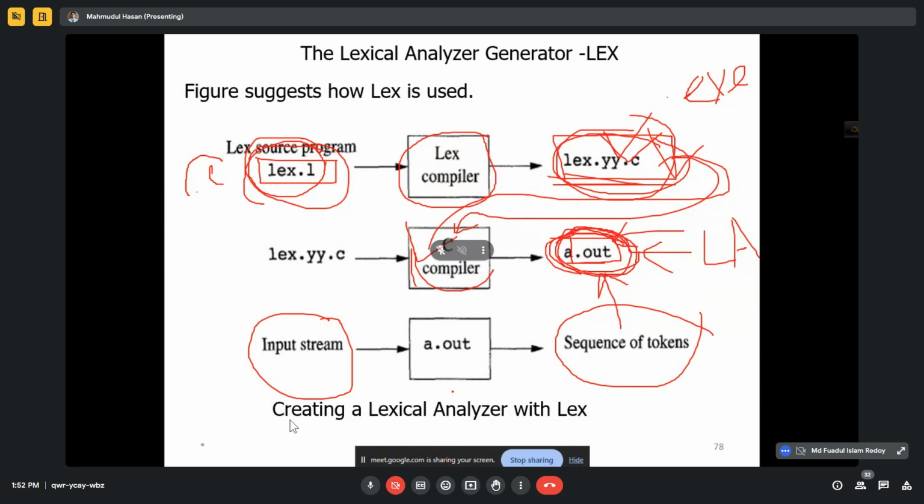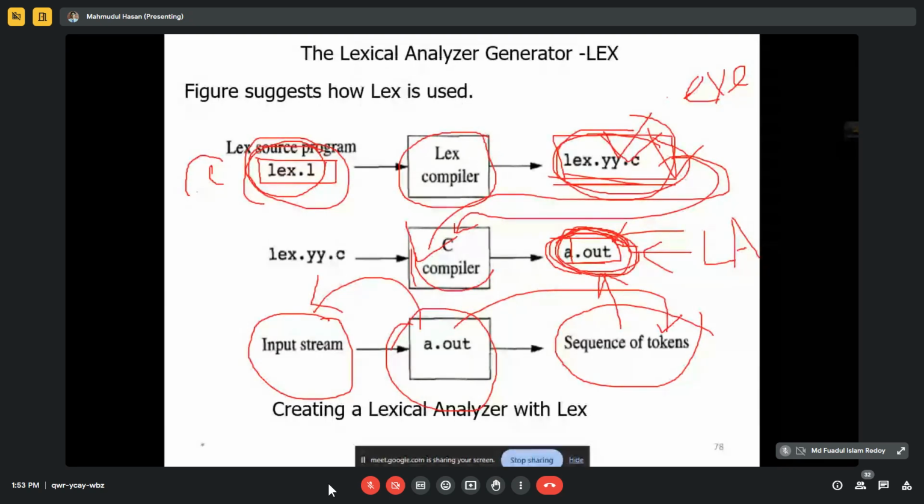So this one is our lexical analyzer. We know that the lexical analyzer takes a stream of characters and produces a stream of tokens. If the question is to explain the working procedure of lex or the lexical analyzer with a suitable diagram, is it possible to answer?